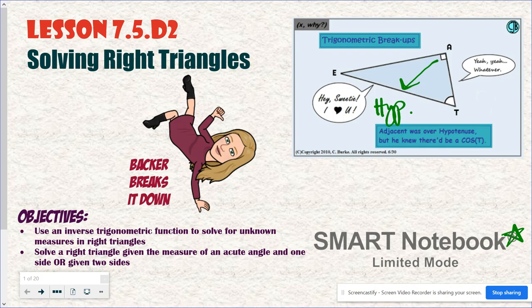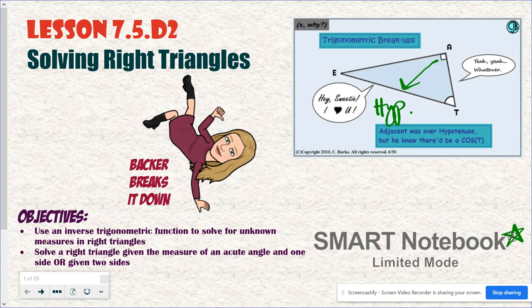So the hypotenuse is the side across from the right angle. The other two sides are called legs. One of these legs is considered opposite, and one is considered the adjacent side. Which one's which depends on the reference angle.